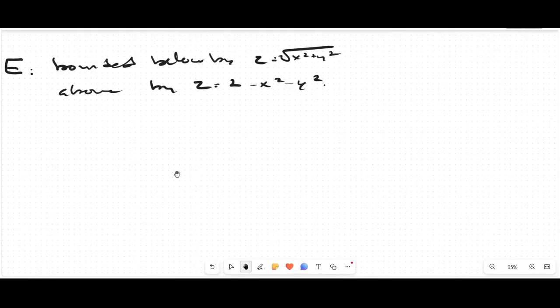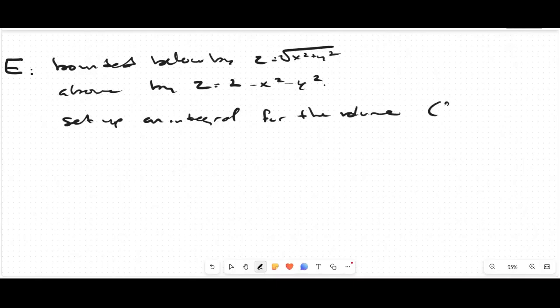They ask us to set up a triple integral to find the volume. So I'm going to say set up an integral for the volume. That always just means integrate the function f equals 1. And they say in two ways. So the two they give us are dz dr d theta and dr dz d theta.